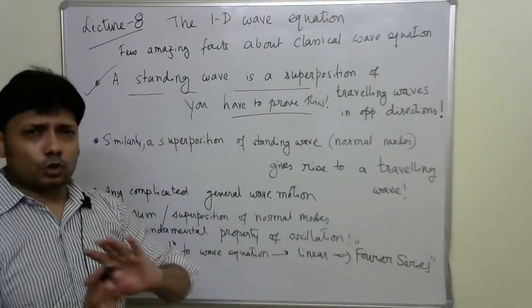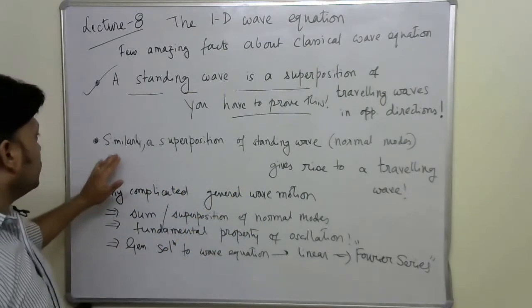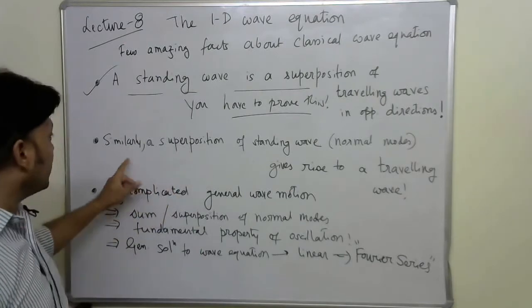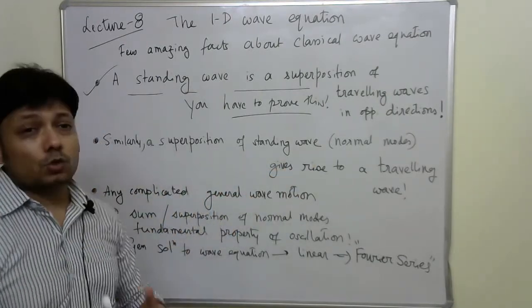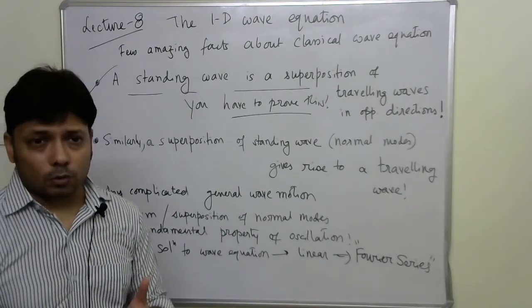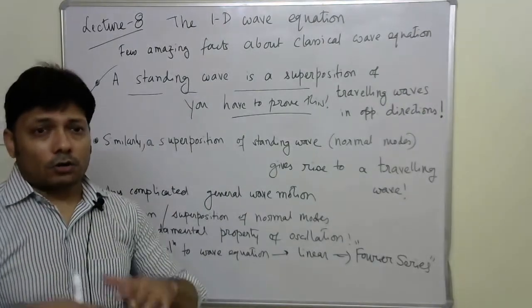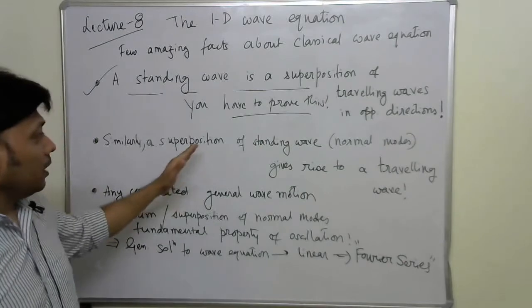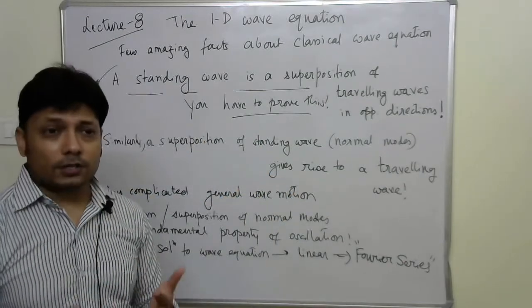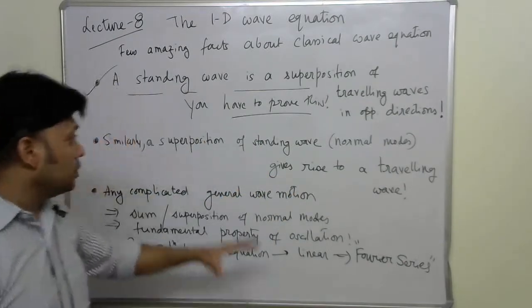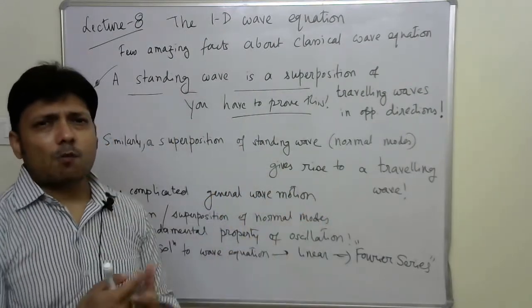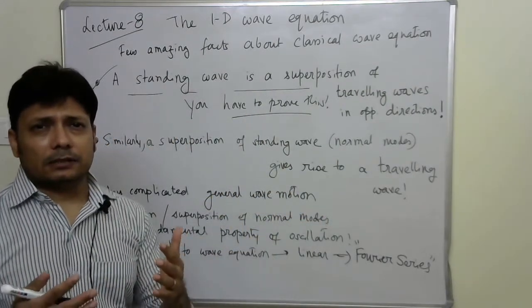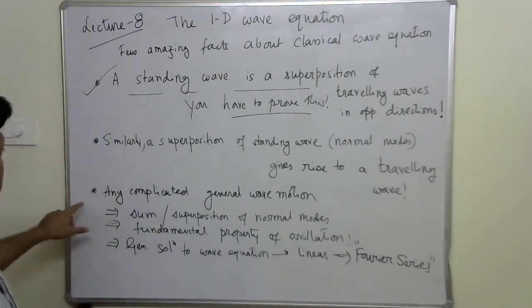Also, you do not have to show this mathematically, but you just appreciate the fact that a superposition of different normal modes containing the standing wave gives rise to a traveling wave as well. So you see, the properties of a traveling wave are somewhat hidden within the standing wave.